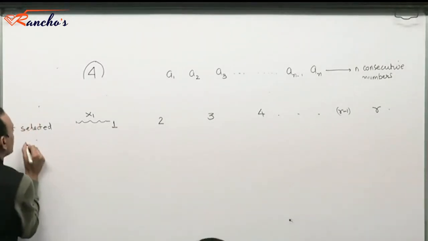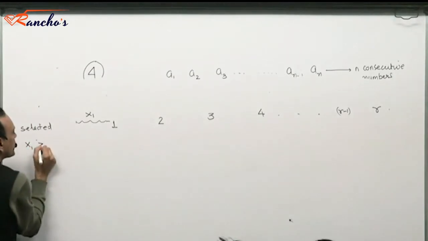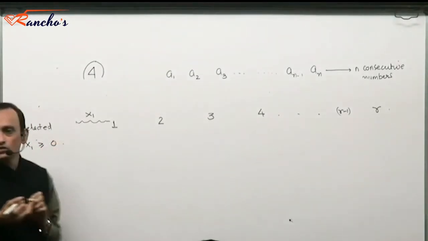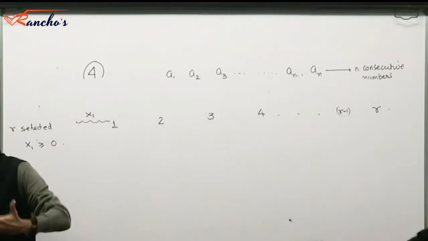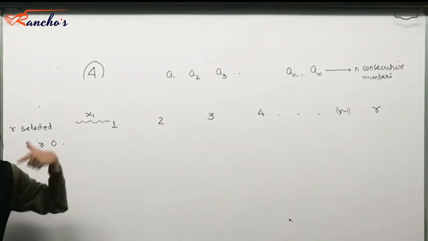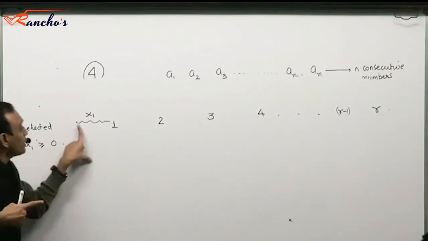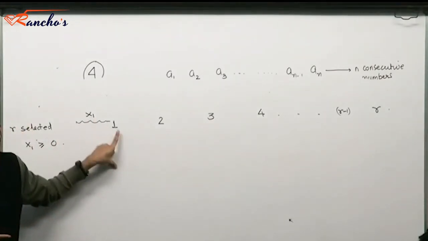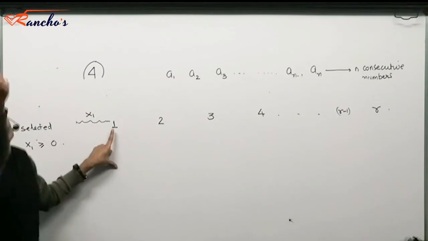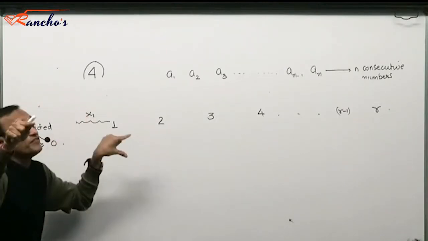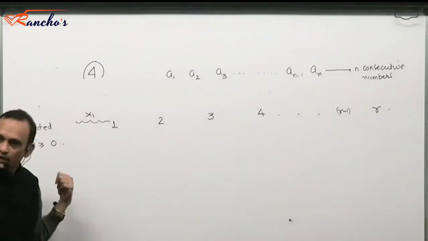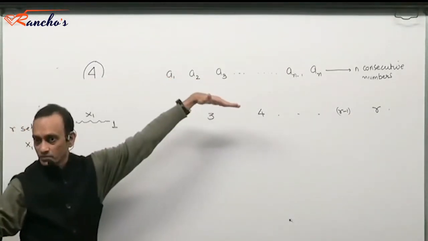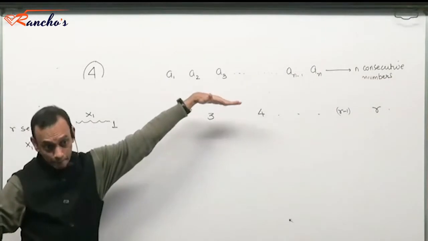In general, can I say that x1 has to be greater than or equal to 0? Yes or no? So x1 represents the number of numbers before the first selected. Could have been 0 also, right? In the sequence, belonging to the sequence.